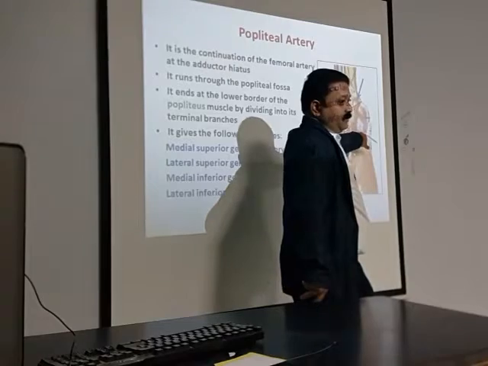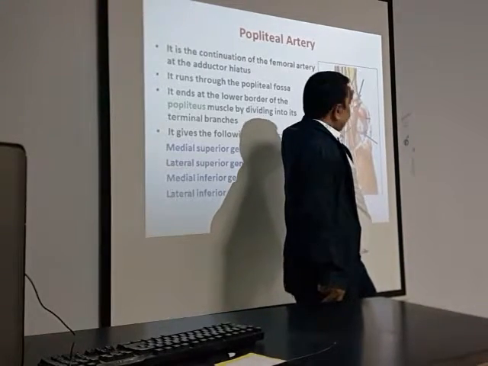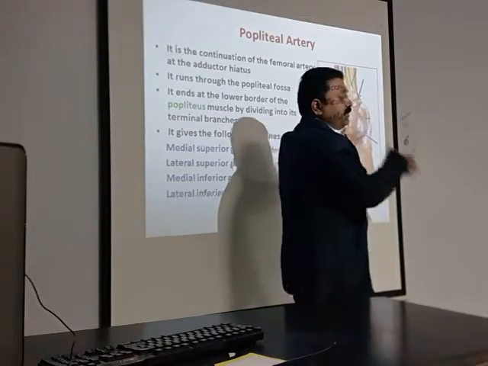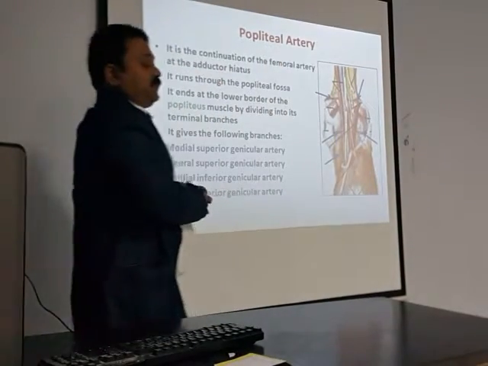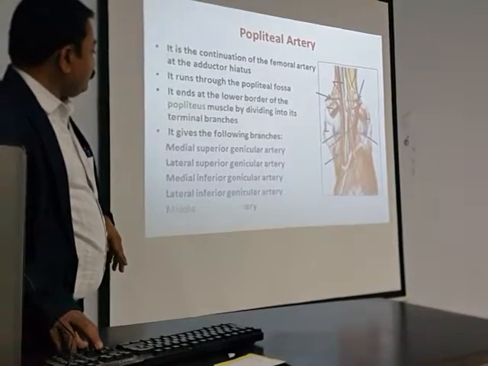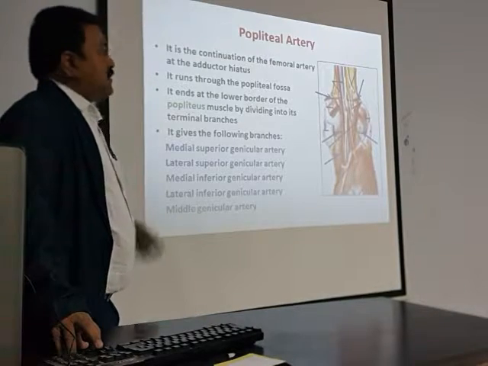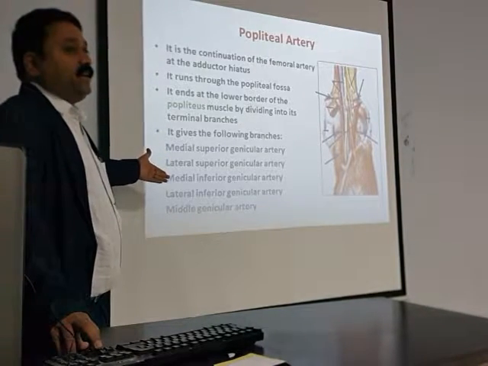This is the popliteal fossa, behind the knee. Here the popliteal artery gives rise to branches which form the anastomosis around the knee joint. And the middle genicular artery. So these are the branches from the popliteal artery.